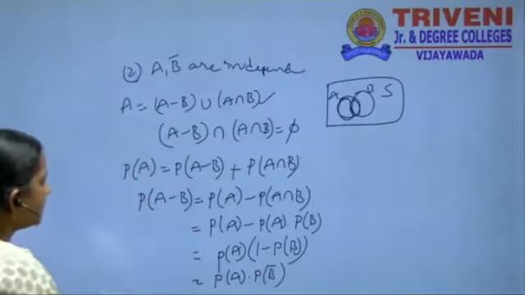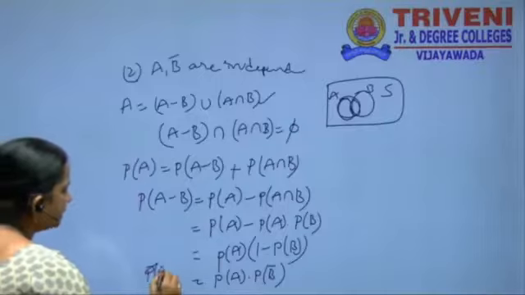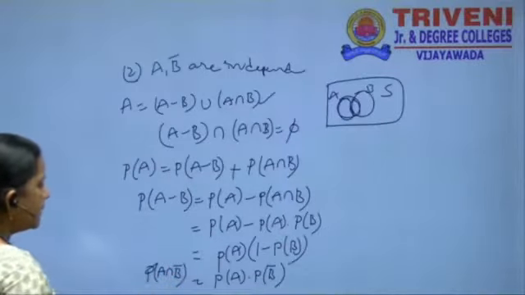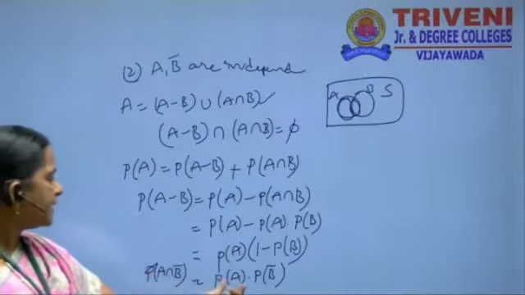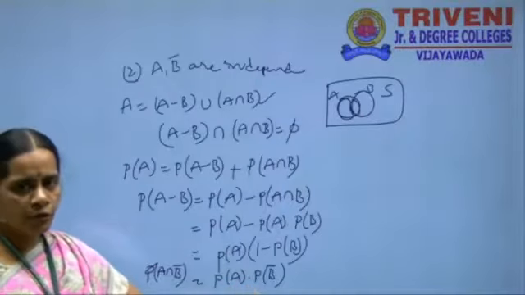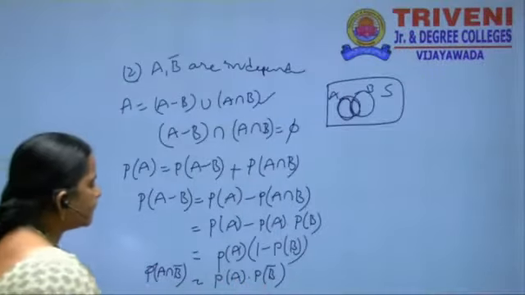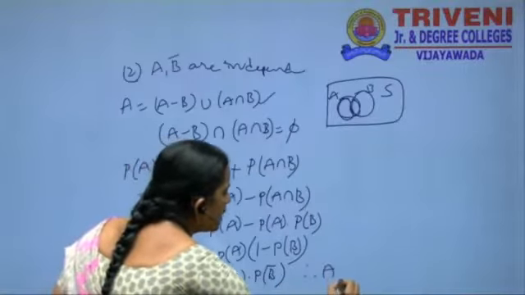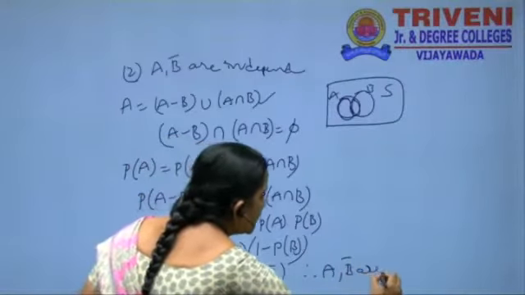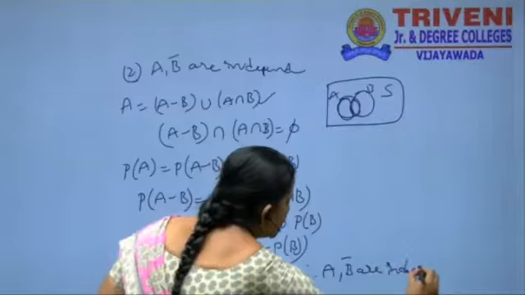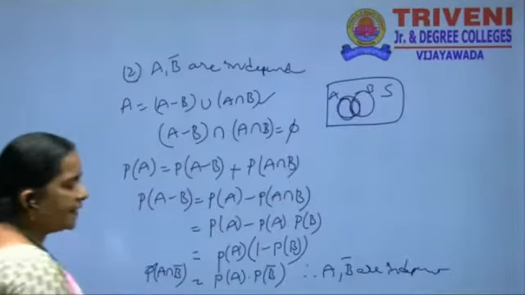Here A minus B can be written as A intersection B bar. P of A intersection B bar can be written as P of A into P of B bar. Therefore, A comma B bar are independent events.